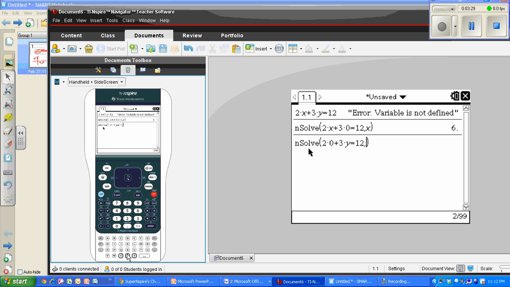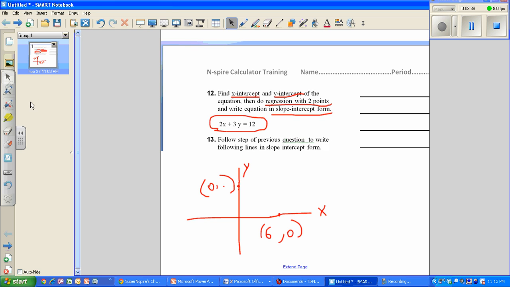So you change it to y, and that means you are solving for y, and you hit enter. That's 4. So that means your point over here is 0 comma 4. So we got two points, 0, 4 and 6, 0.